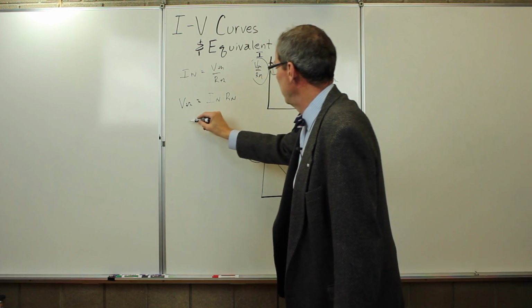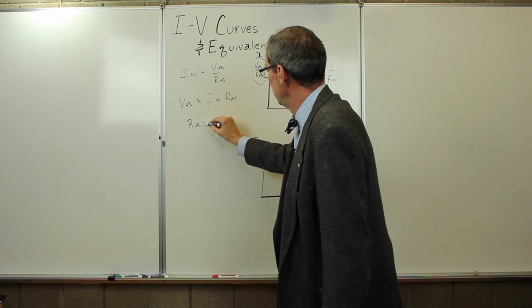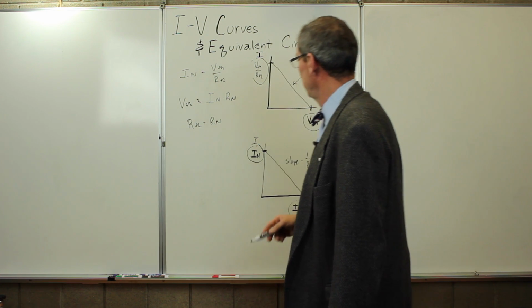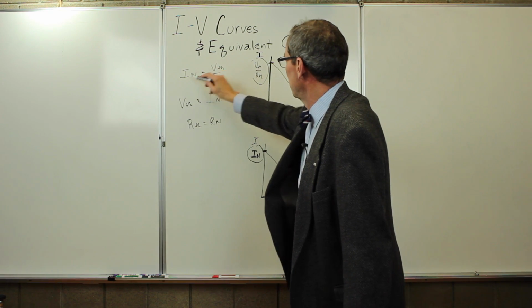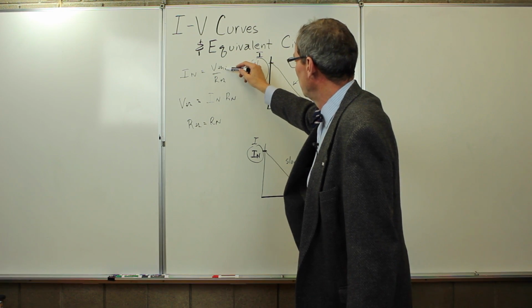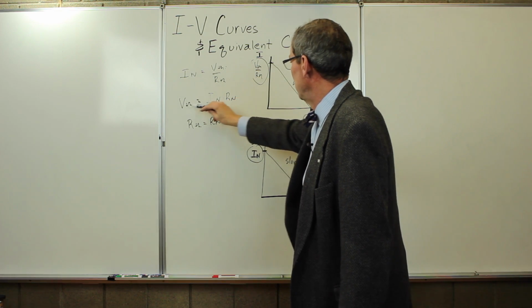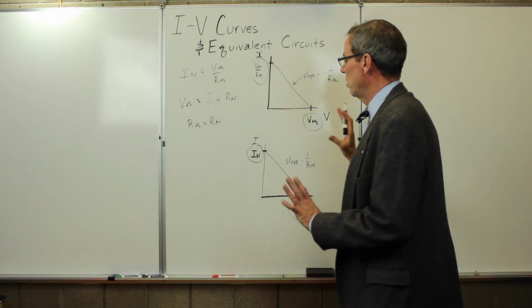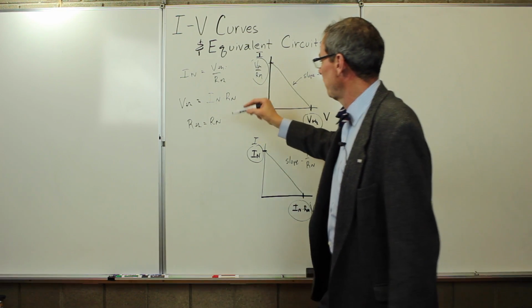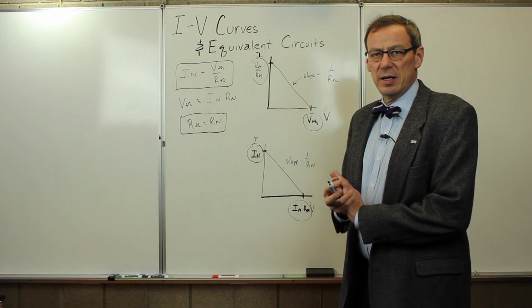That's true if R Thevenin equals R Norton. So if R Thevenin is R Norton, then the Norton current is the Thevenin voltage divided by the resistance, and the Thevenin voltage is the Norton current times R Thevenin. So those two are equivalent under that assumption there.